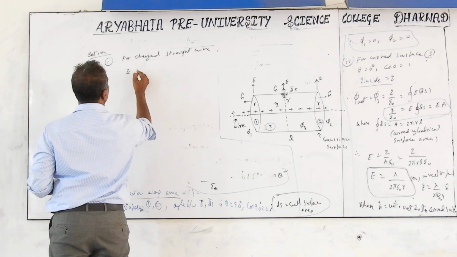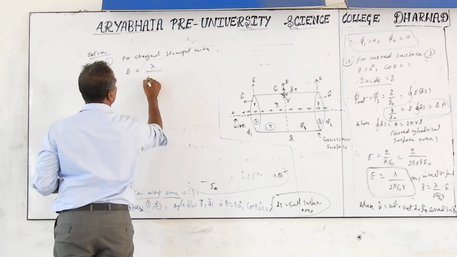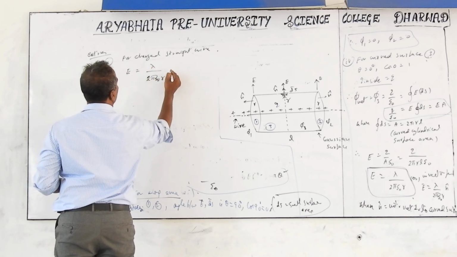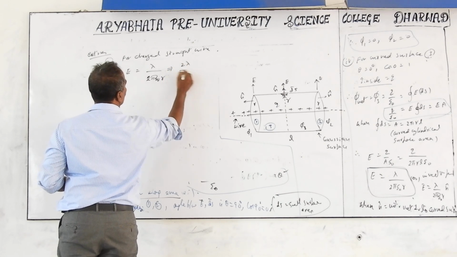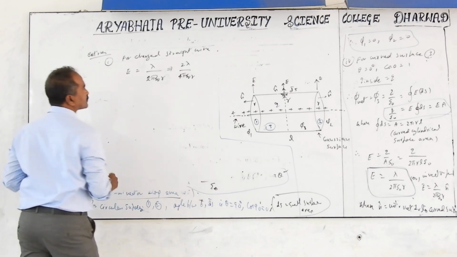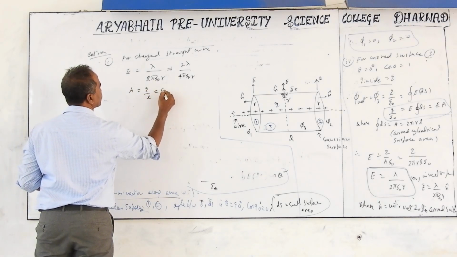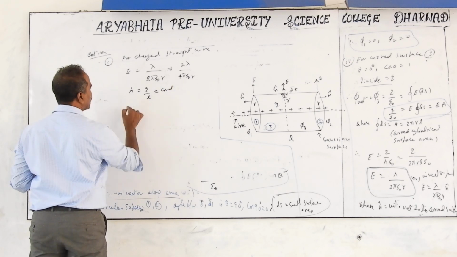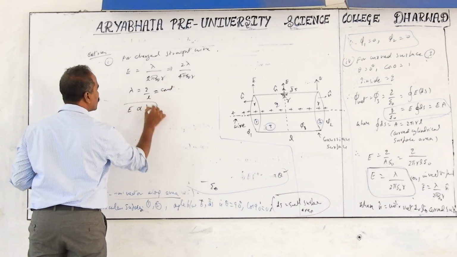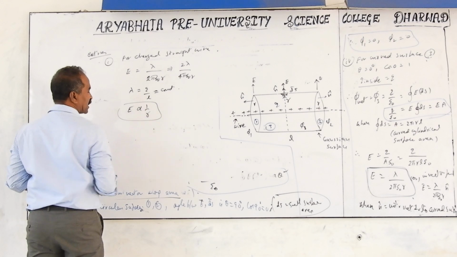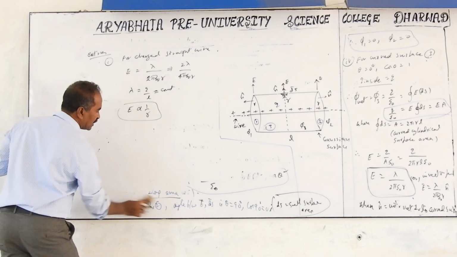The field at distance r is lambda by 2 pi epsilon into r, which can be written as 2 lambda by 4 pi epsilon into r. Here lambda is q by l, constant for uniform distribution, and electric field is inversely proportional to r. That means electric field depends on the distance.